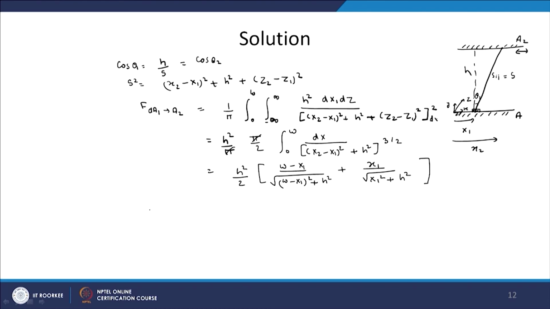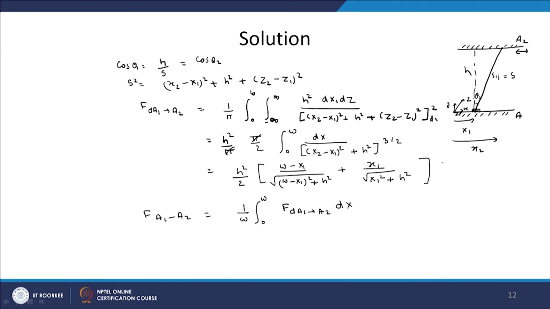Now, to calculate the view factor from the entire surface A1 to A2, we just have to integrate over the entire surface A1. So, this will be 1 upon W, integral 0 to W of F dA1 A2 dx.